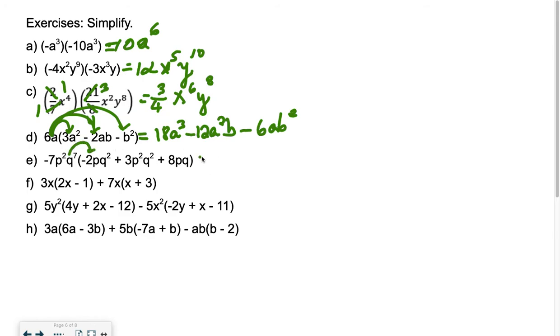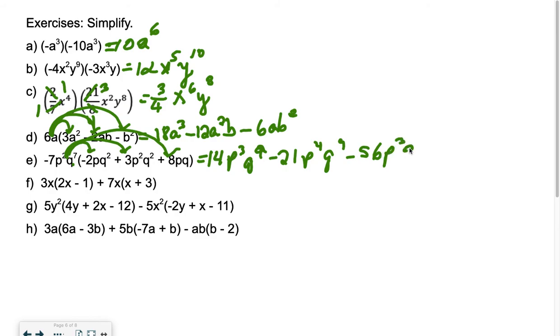Same thing. 14, p to the 3, q to the 9, negative 21, p to the 4, q to the 9. This is a 9 here, by the way. And then negative 56, p to the 3, q to the 8.